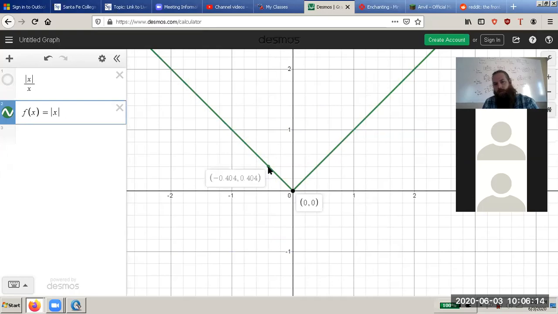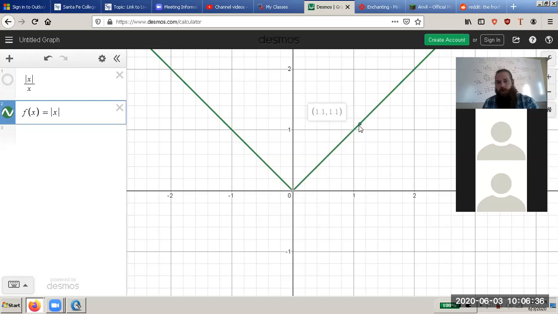The limit as x approaches 0 from the left is 0. The limit as x approaches 0 from the right is 0. f of 0 does exist. It is defined, and it is equal to the value of both of those limits.